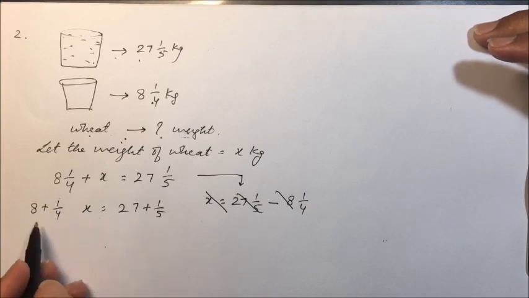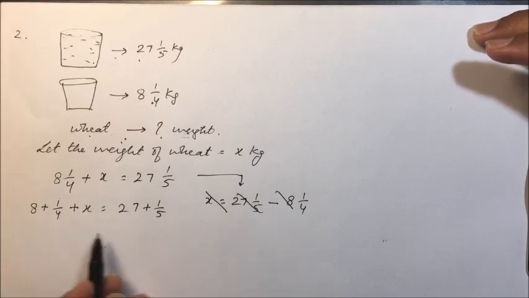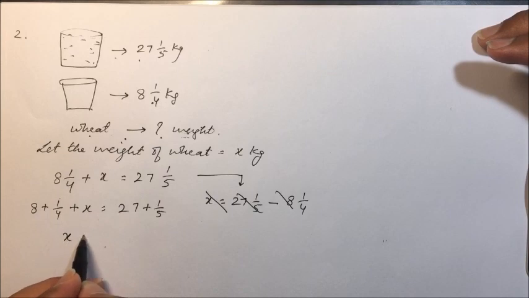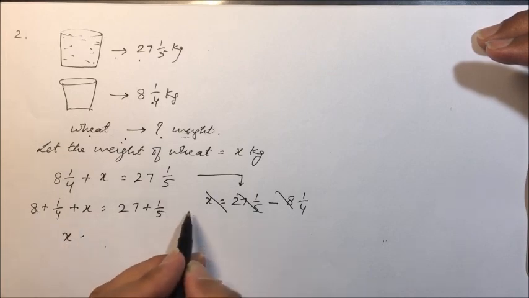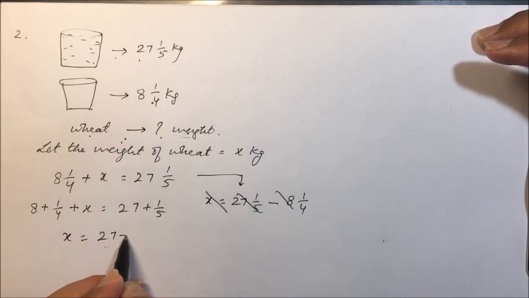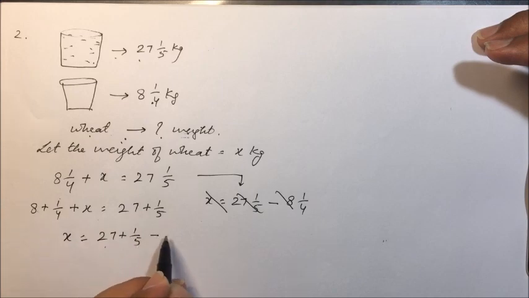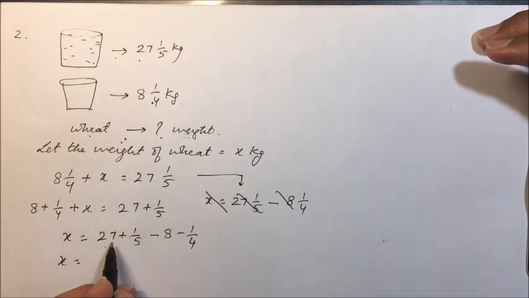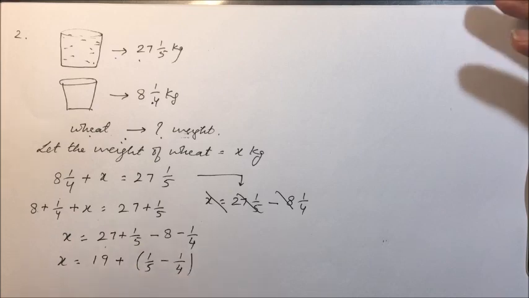So now plus x. So x equal to, take them on RHS, they will become minus x equal to 27 plus 1 by 5 minus 8 minus 1 by 4. X equal to 27 minus 8, 19 plus 1 upon 5 minus 1 upon 4.